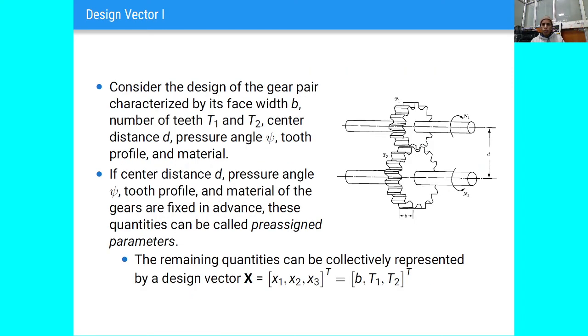Similarly, because your second gear, that is T2, has a larger diameter, we may assign a constraint that the number of teeth on gear 2 may be between, say, 20 to 60.